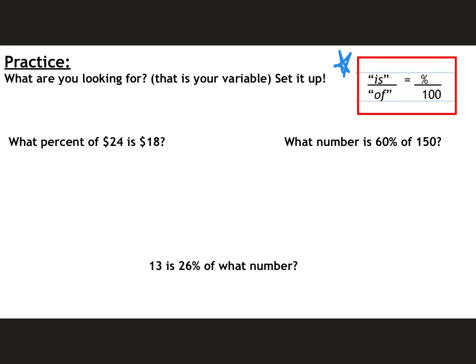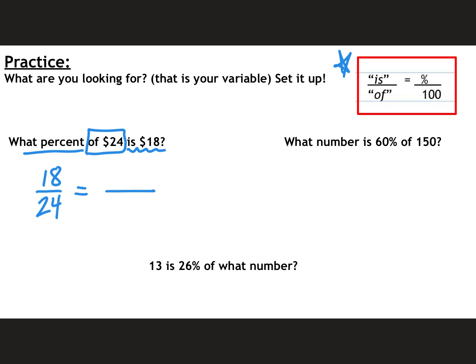So when I read the question, I'm going to break it down into each of the parts. What percent of 24 is 18? So what percent, that's what we're trying to find. Of 24, so that's my of, is 18. Usually the number is connected to the word that it is related to. So is over of, well, we had is 18 over of 24.